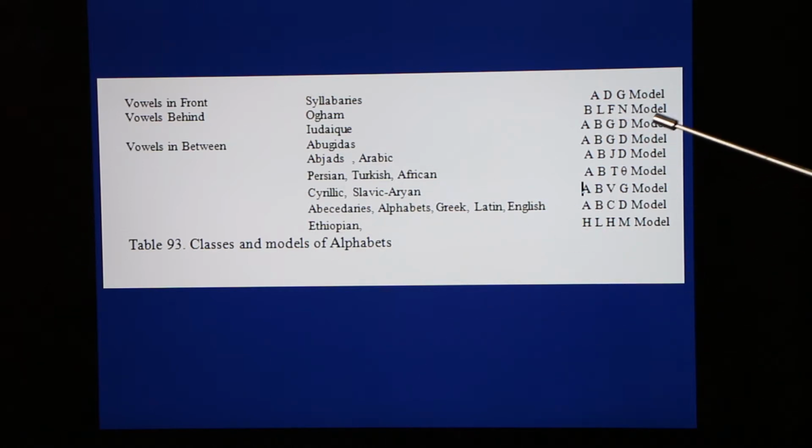And in terms of letter sequence, ABGD, ABJD, ABTH, TTH, ABVG, ABCD, and the one that we saw in the last 2 lectures, HL, HM, or Ha, La, Ha, M.